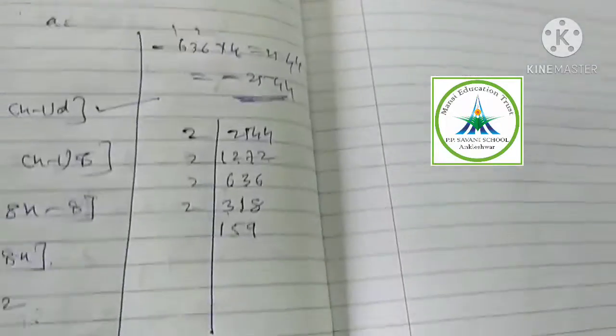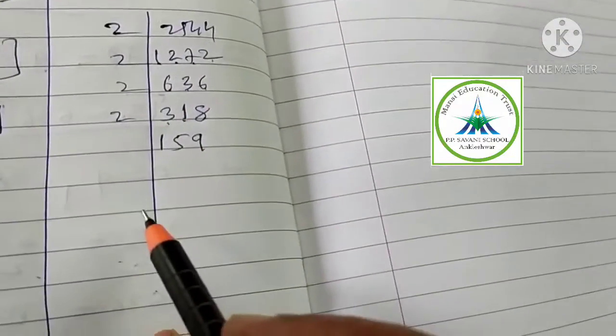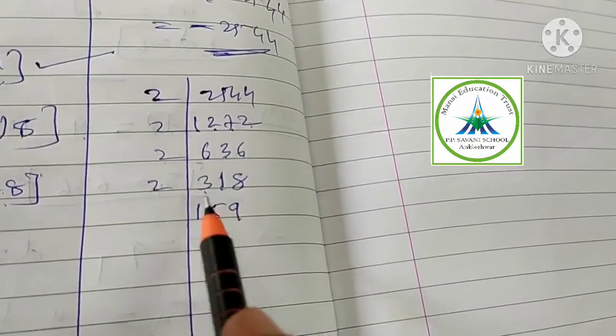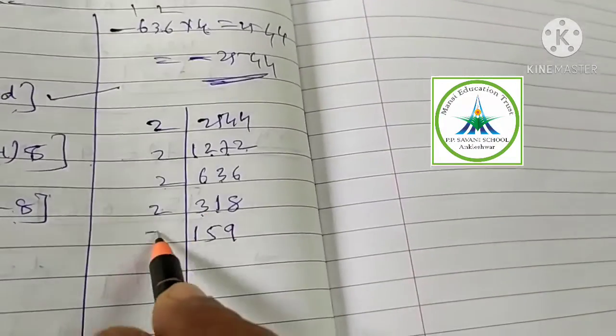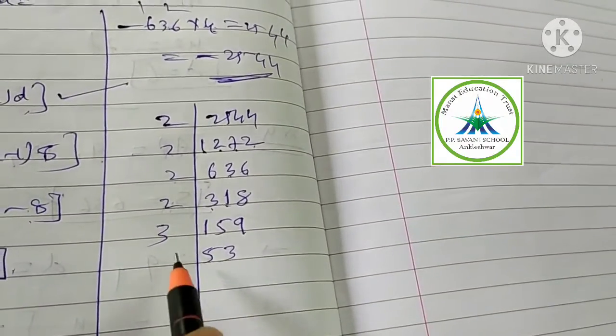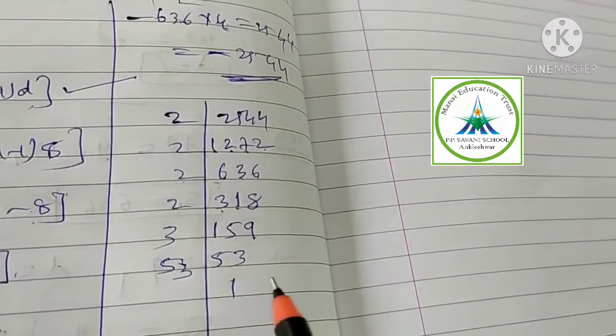Are you getting this one? Please just do the splitting properly. No great hurry. Okay. Now see, 9 plus 1 is 10, plus 5 is 15. Again divisible by 3. 3 fives are 15, 3 threes are 9. 53 is a prime number. So 53 ones.